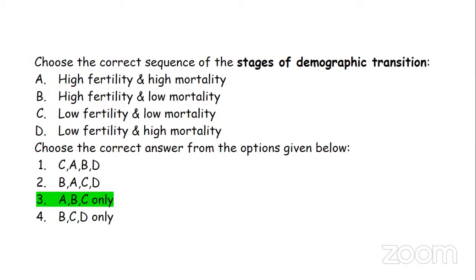But low fertility and high mortality is not a stage in demographic transition, so that option is wrong. The right sequence is A, B, and C.